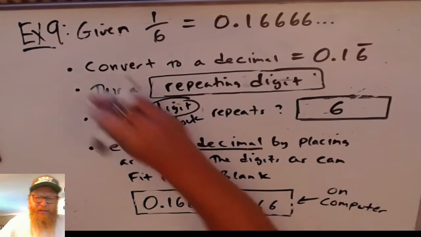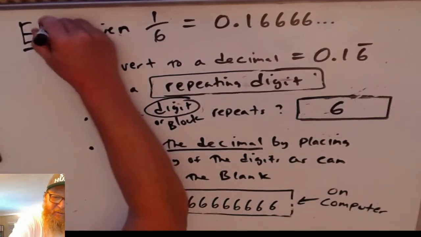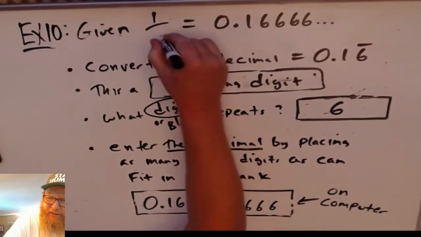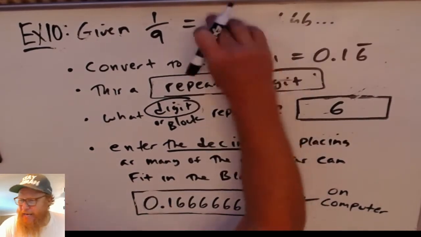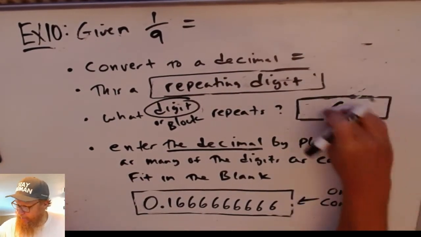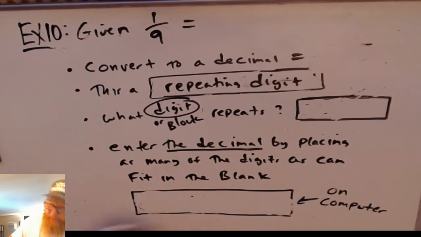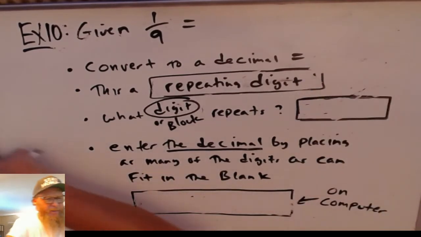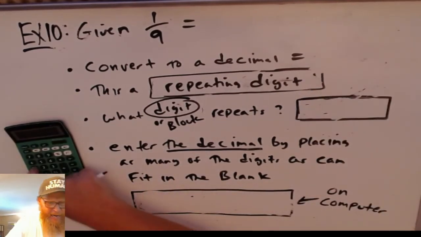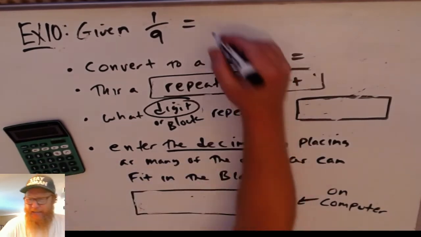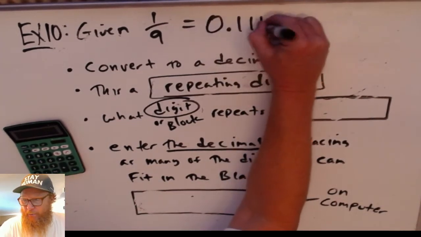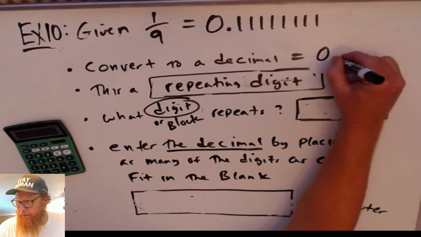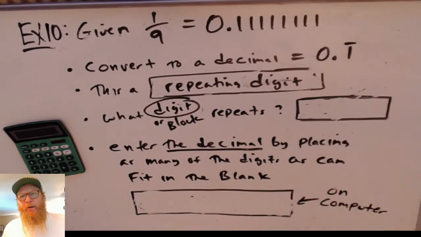Another one that's interesting and very common is 1/9. So example 10, 1/9. One-ninth is 1 divided by 9, which is 0.11111111, or 0.1 with a bar.